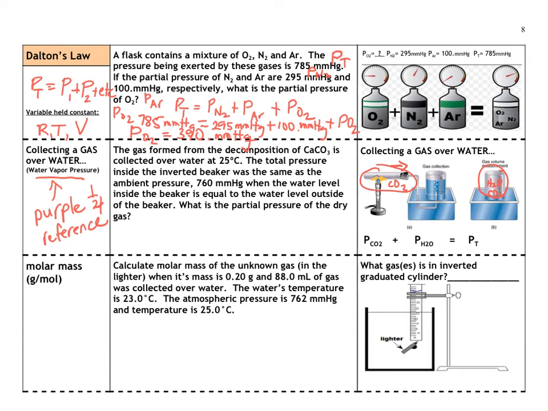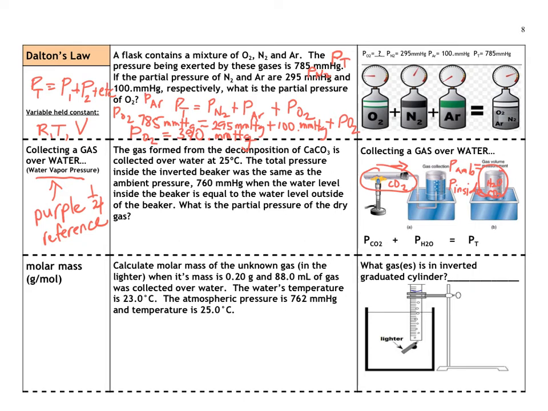Now, what we do to know what the pressure inside this inverted beaker is, we look at the pressure on the outside, the ambient pressure. The ambient pressure will equal the total pressure that's inside this beaker.